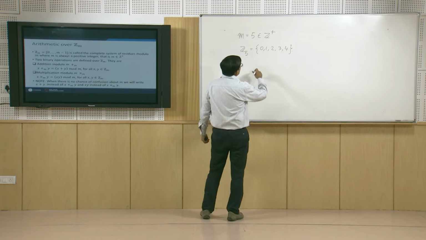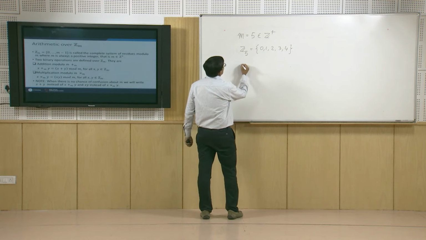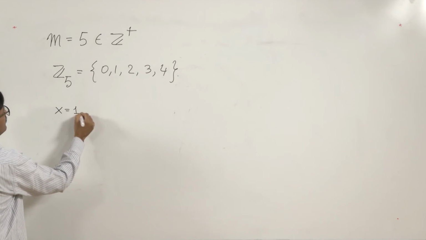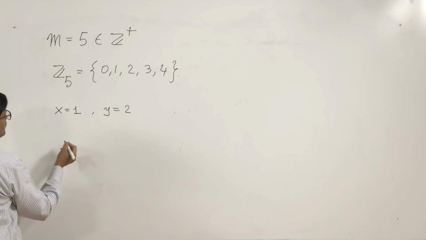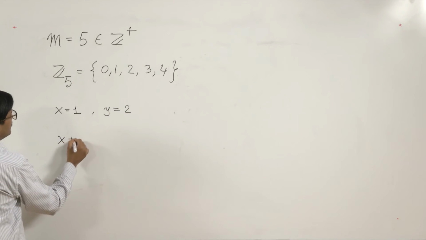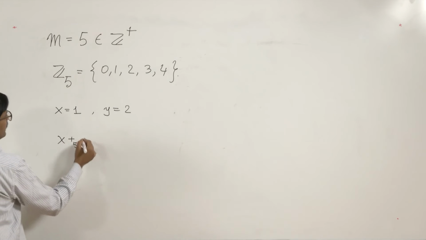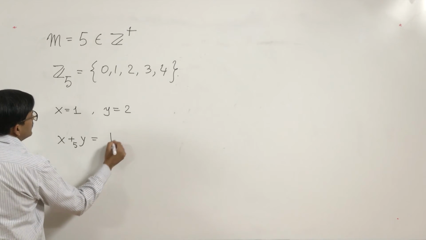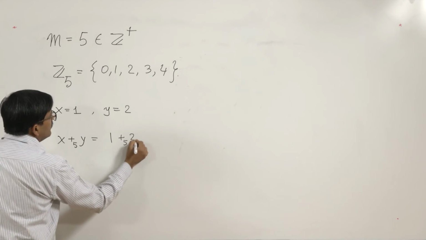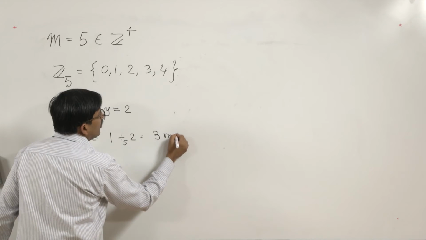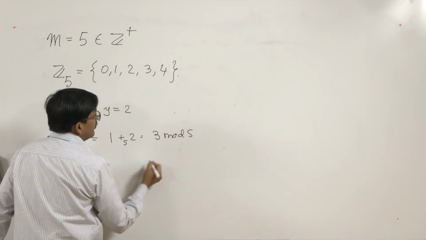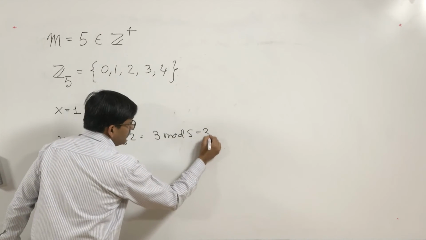So, suppose my x is 1 and y is 2, then what is x addition modulo 5 y? This is 1 plus modulo 5 2, well this is 3 reduced mod 5, but that is 3.